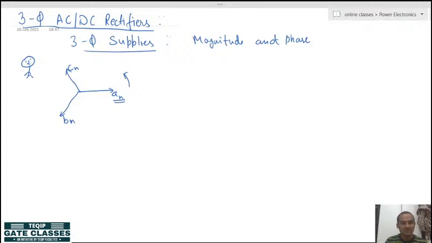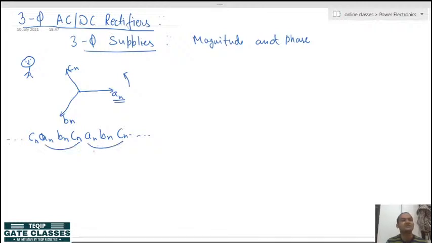Let's say first the CN phasor is passing, then the AN phasor, then the BN phasor, then again CN, then AN, then BN, then again CN, and it will go on. The phase sequence repeats like this: ABC, ABC, ABC. So here the phase sequence is ABC. This is how we see the phase sequence.